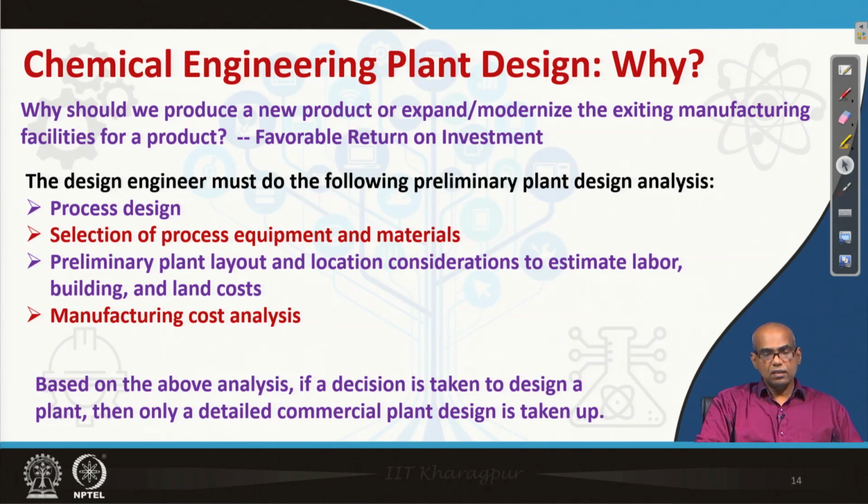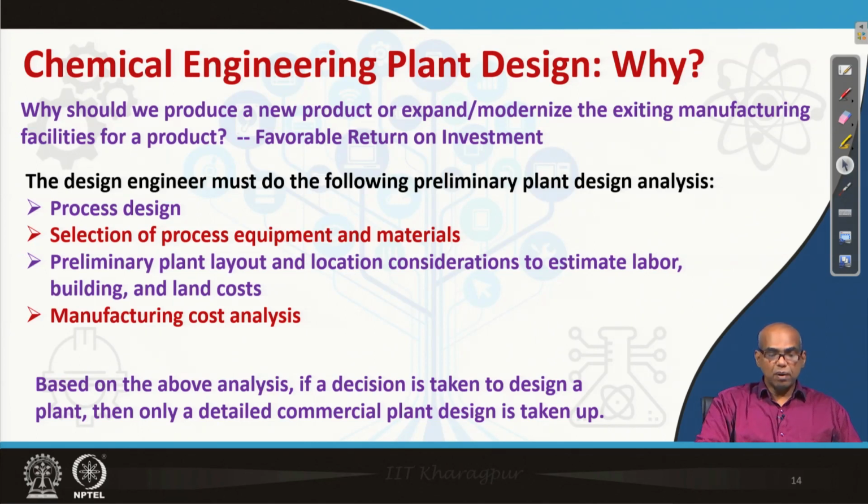The design engineer must do the following preliminary plant design analysis: process design, selection of process equipment and materials, preliminary plant layout and location considerations to estimate labor, building and land cost, manufacturing cost analysis.